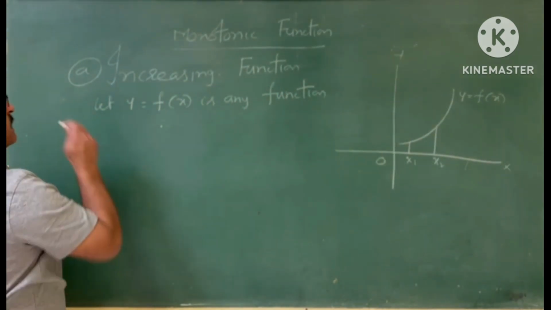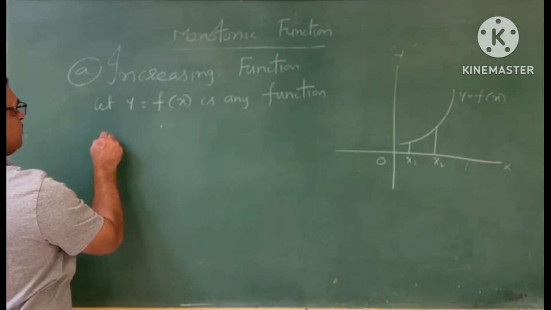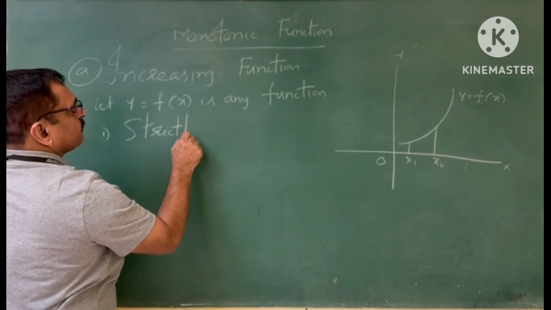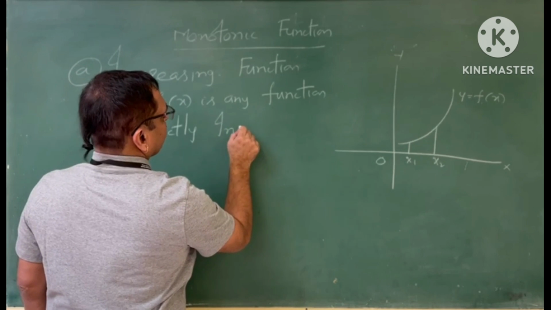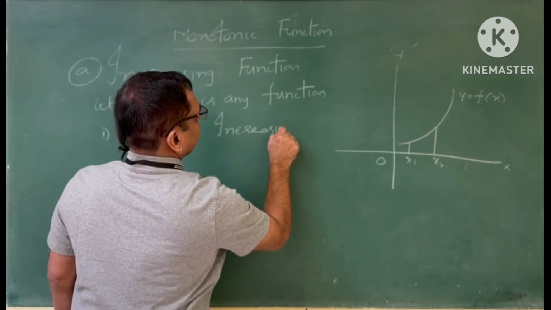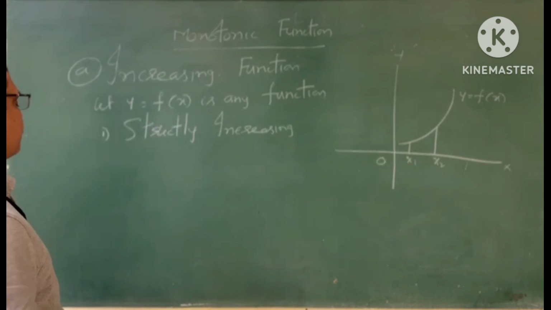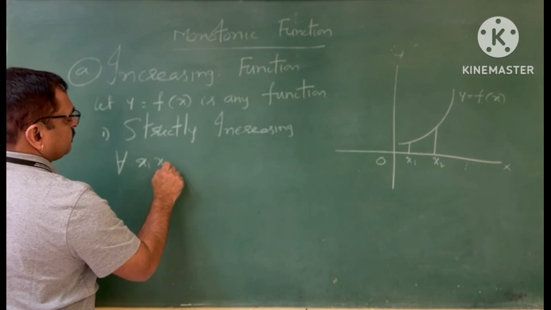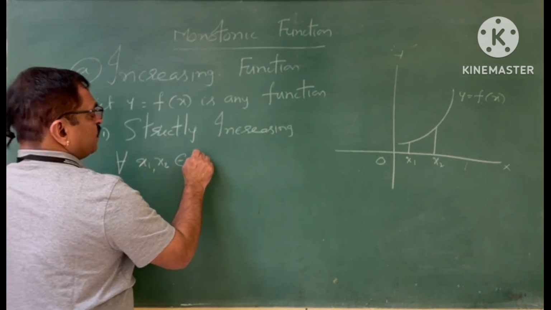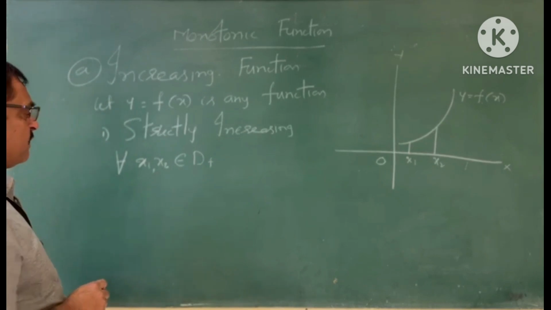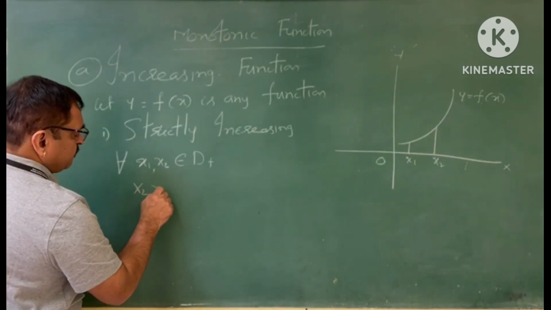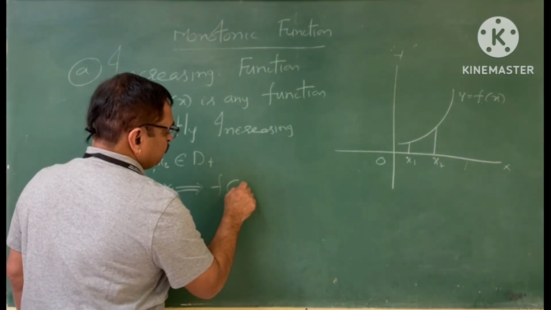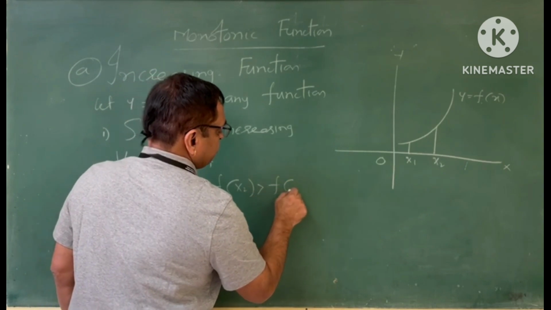So that is the first one. In the second, within increasing functions, we have one more category. It's called the strictly increasing function. Strictly increasing function, what is that? For all x1, x2 belonging to the domain of the function, whenever x2 is more than x1, this implies that f of x2 is also more than f of x1.